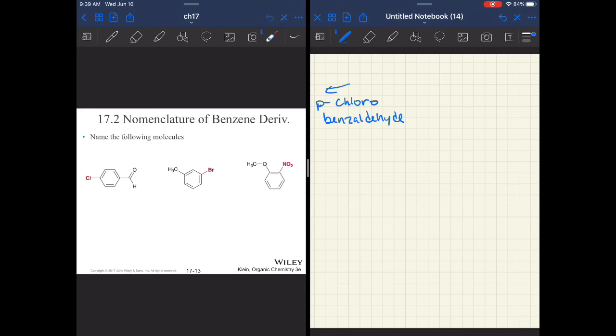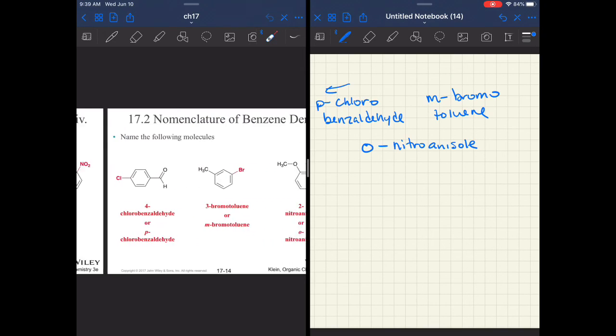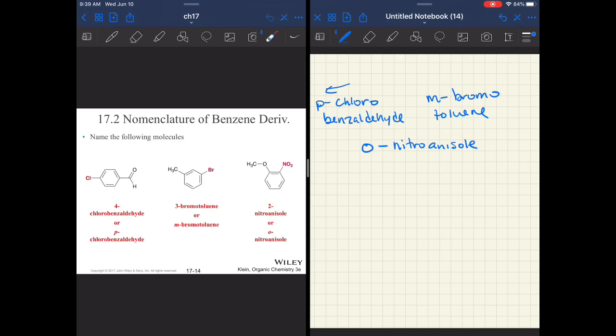We have a meta-bromotoluene, and we have an ortho-nitroanisole. Notice you can use numbers or you can use the letters, or you could write out meta, para, ortho.